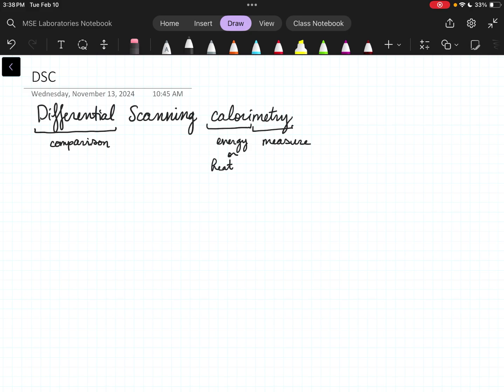And then scanning means that some value is changing. Specifically in this, the thing that is changing is temperature.